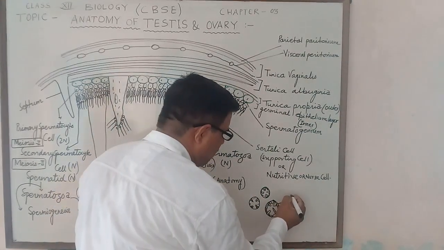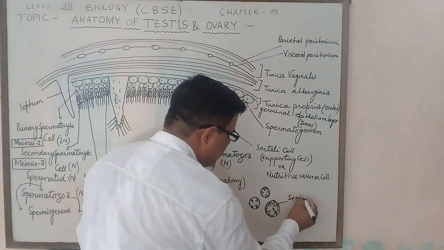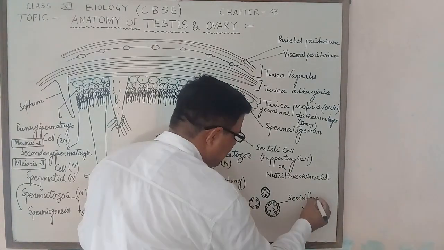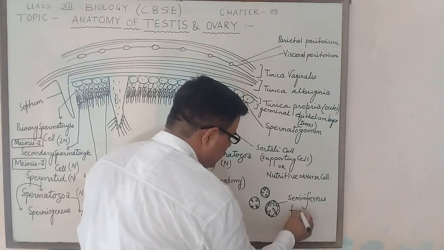This spherical body is called the seminiferous tubule.